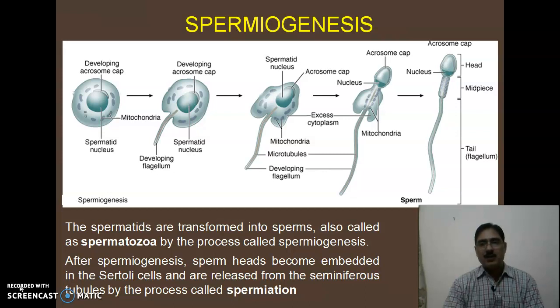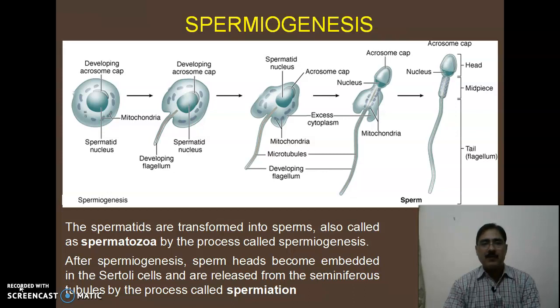In the last diagram, it is clearly visible that there is an acrosome cap. The head region is clearly visible with the nucleus, then the middle piece with the mitochondrial spiral, and the tail or the flagellum. So the spermatids are transformed into sperms, also called spermatozoa, by the process called spermiogenesis, depicted here.